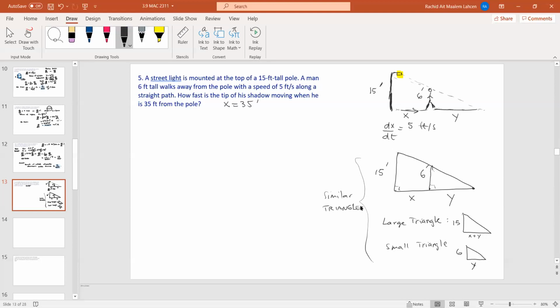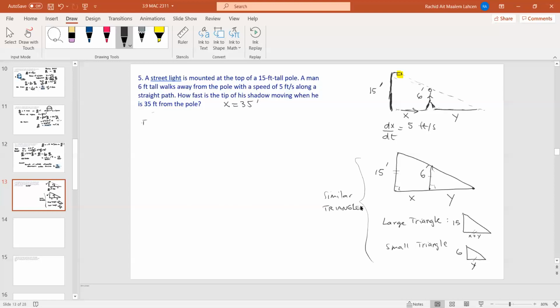And once we know it's similar triangles, that's going to be useful, because now we can say this part divided by this part equals whatever other parts we're interested in. For example, for this large triangle, this part is going to be over this one.